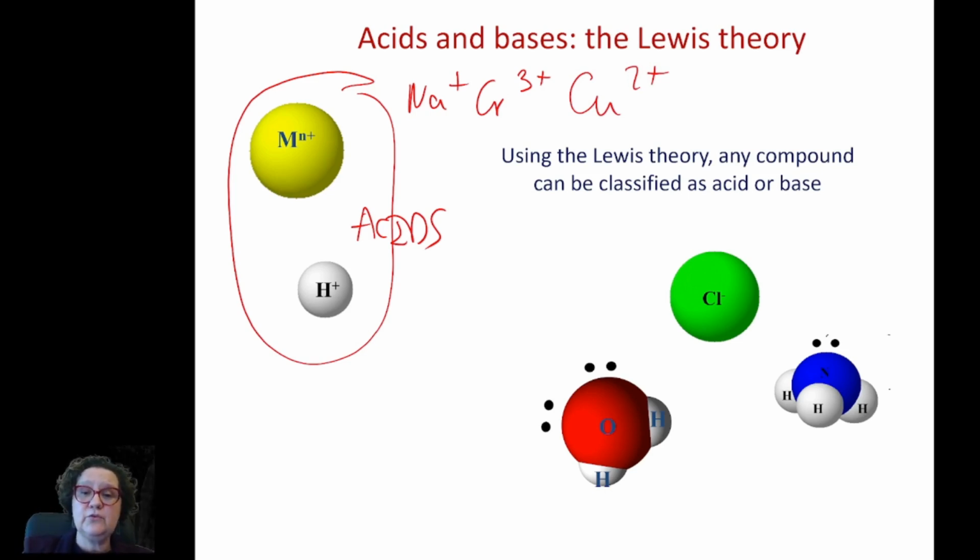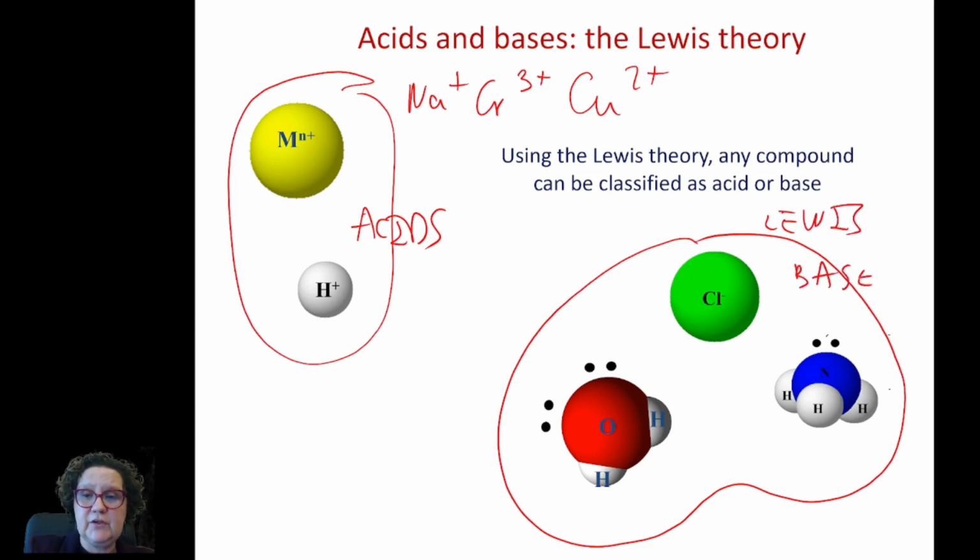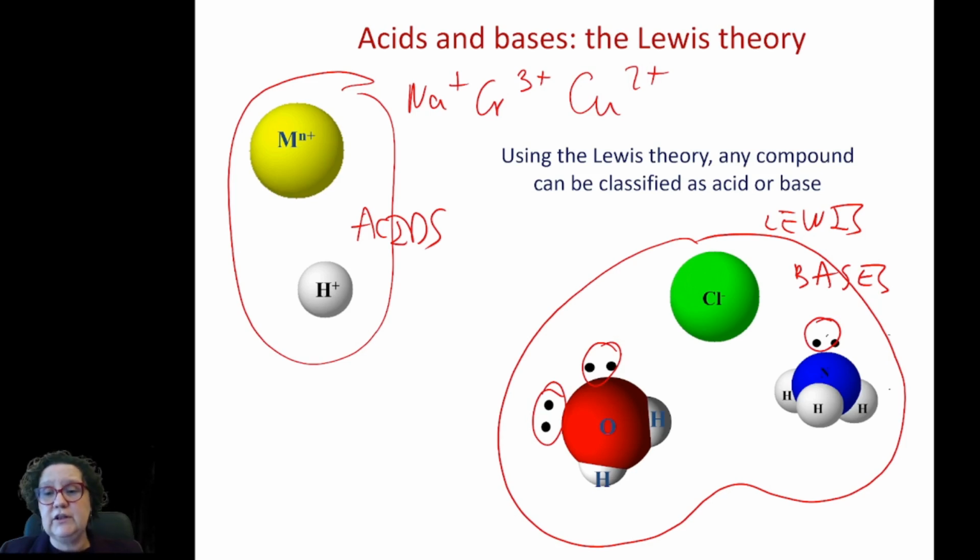And all these ones here, in Lewis theory, are classified as a base. They are called Lewis bases. And they are substances that have electrons that can be donated. And they have electrons either because they have non-bonding electrons, so for example, the oxygen in the water and the nitrogen in the ammonia, those are non-bonding electrons, they are not involved in the bonds, so they can be donated to an acid.